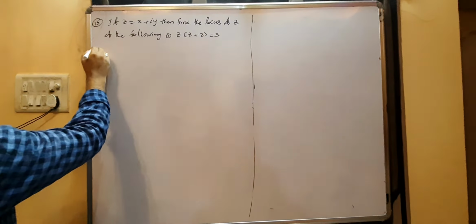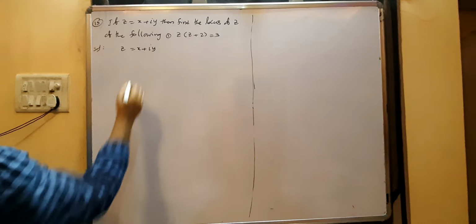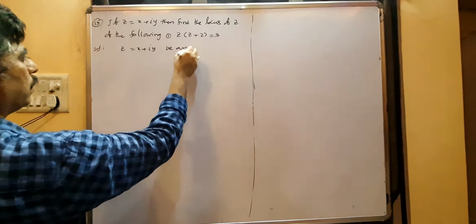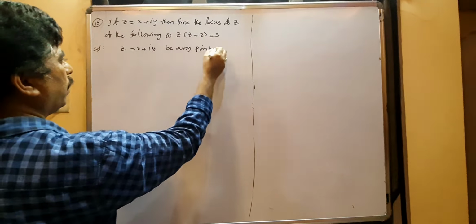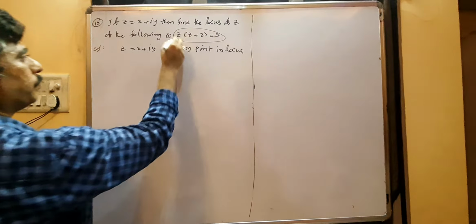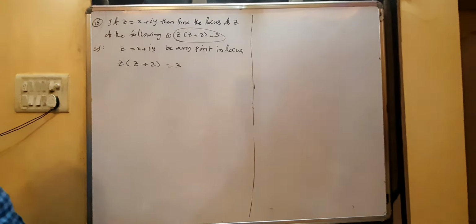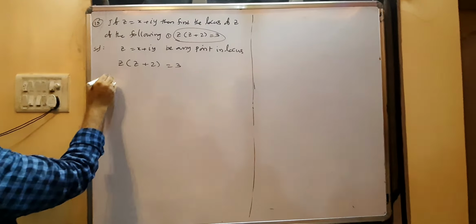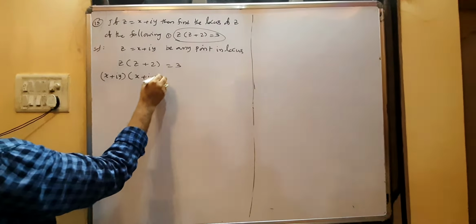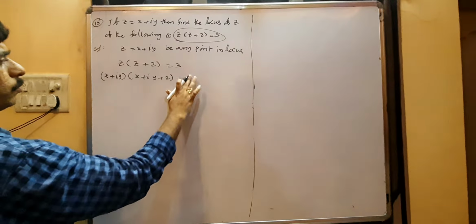Whenever they ask the locus of z, you can take let z equal to x plus iy be any point in the locus. What is the condition given? Z into z plus 2 is 3. What is the z value? x plus iy into x plus iy plus 2 equals 3.